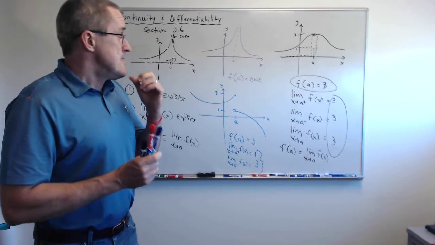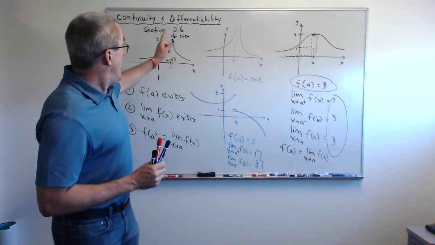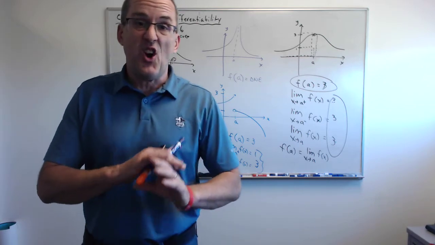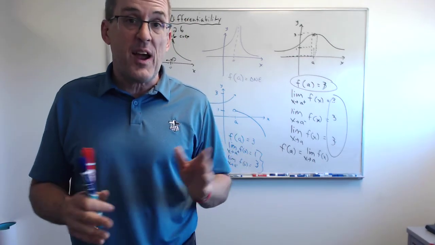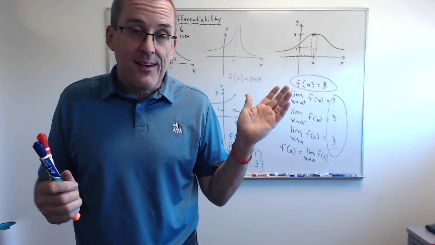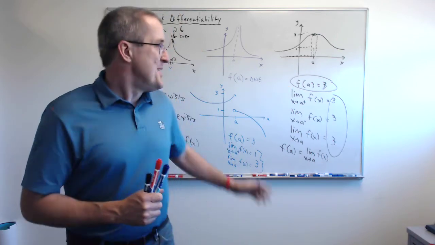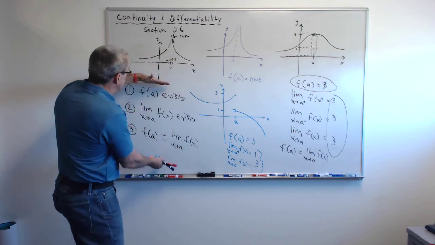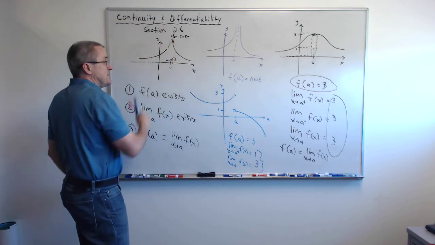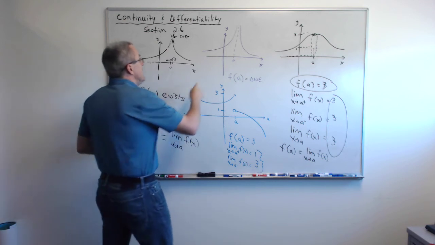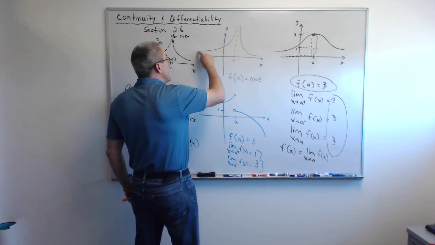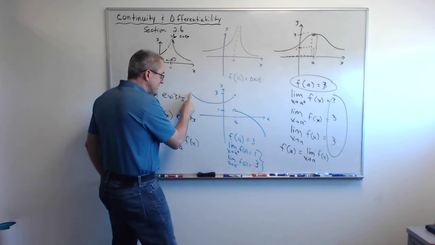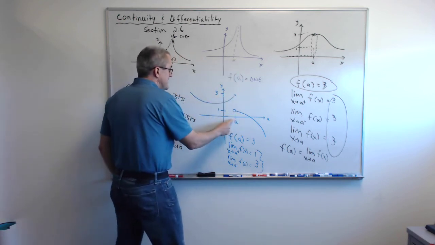Now, I like to say all of these functions are continuous. In fact, they're all continuous everywhere all the time, except where they're not. This function is continuous all the time. You could go through this set of 3 things at x equals a and find out that this function is continuous. This function is continuous everywhere except at a. This function is continuous everywhere except at a.